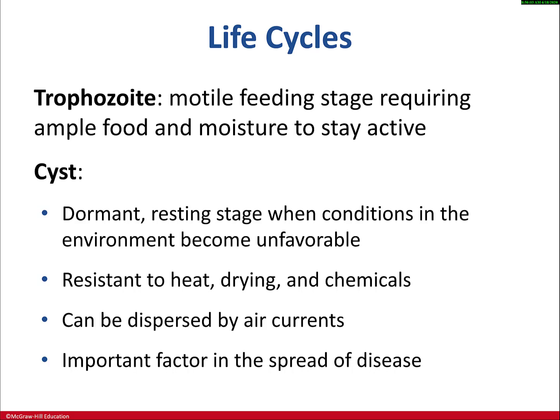And believe me, the life cycle of some of these are really, really tough, and I just take a tip from your Uncle Ed. Trophozoite answer usually works. Cysts are a dormant resting stage, sort of like spores, if you want to think of it that way. It's a way for them to kind of hunker down and to spread.